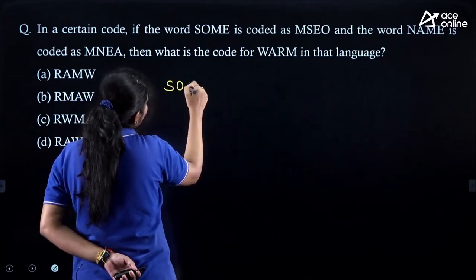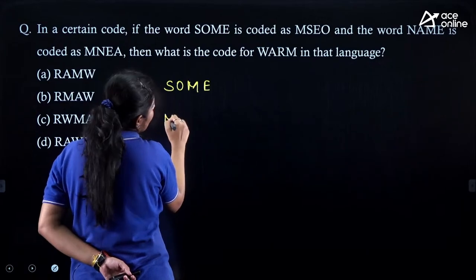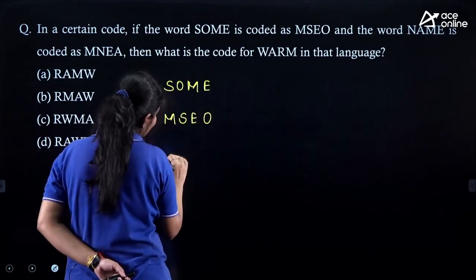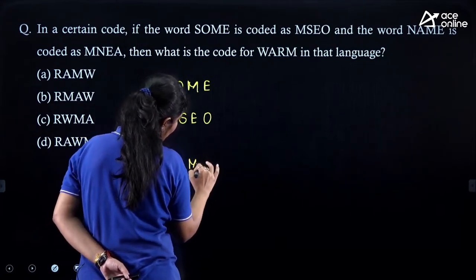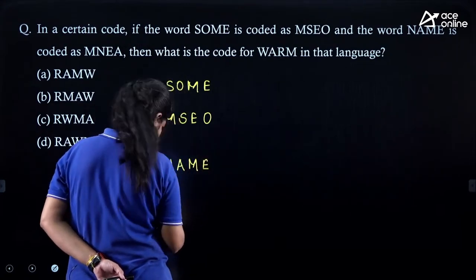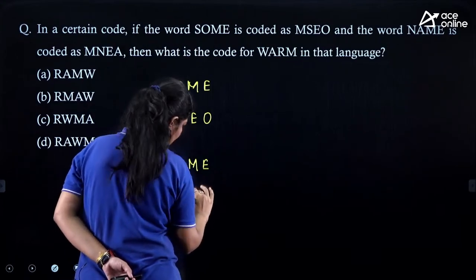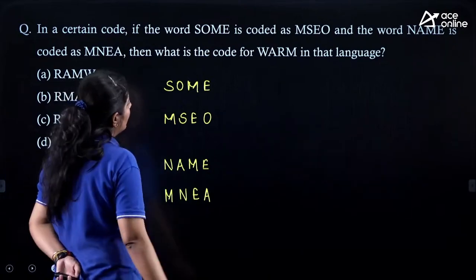Here we have a word sum, right? It is coded as M-S-E-O, right? And another word is name, which is written like M-N-E-A, right?